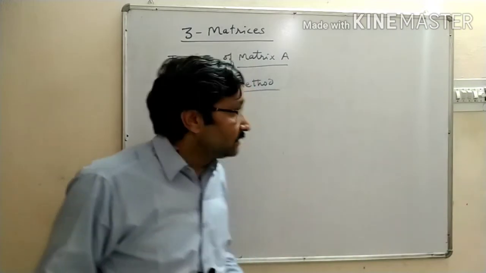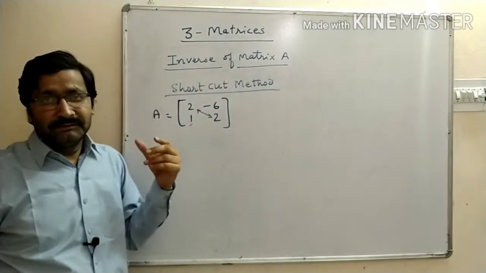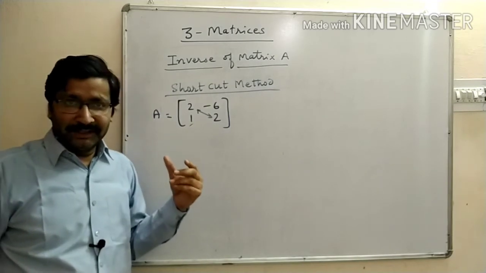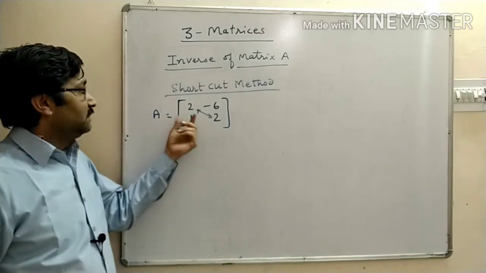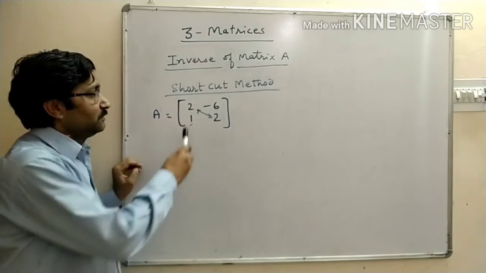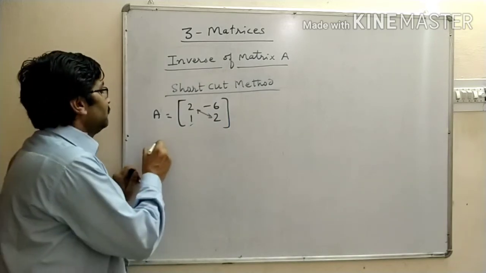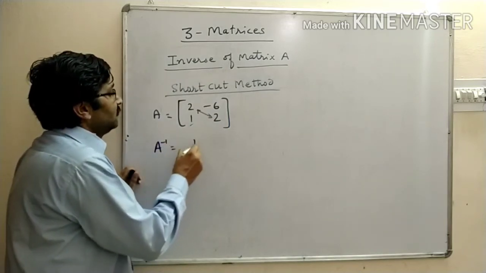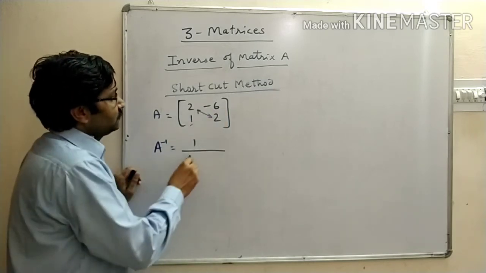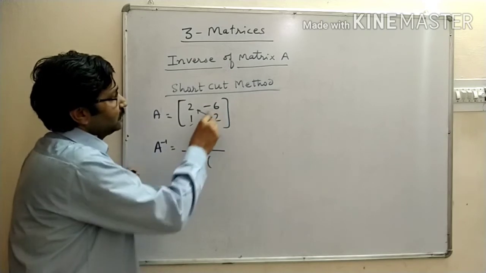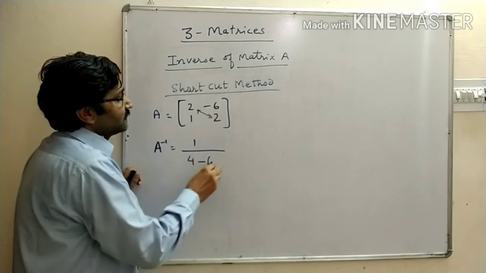In matrices we are doing the inverse of matrix A, and for the inverse of matrix A we will use the shortcut method. And what is the shortcut method? Look here first. Here matrix A is given. The first row is 2, minus 6 and the second row is 1 and 2, and you have to find A inverse. How can we find A inverse? First you will write 1 upon the cross product of these two. The cross product is 2 into 2, 4, minus the cross product of these two, which is minus 6.